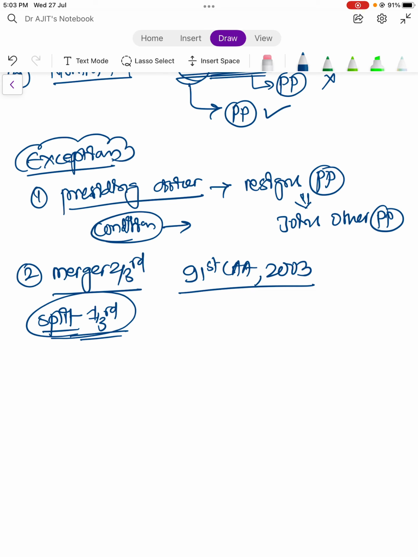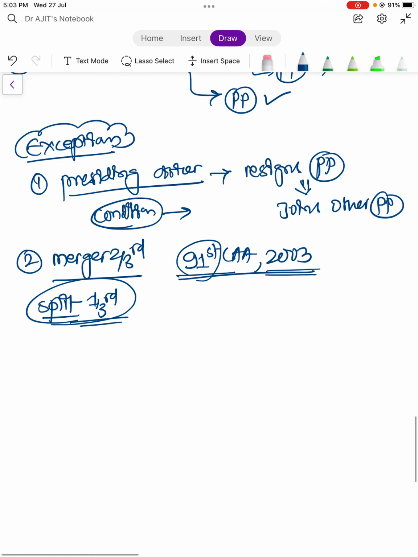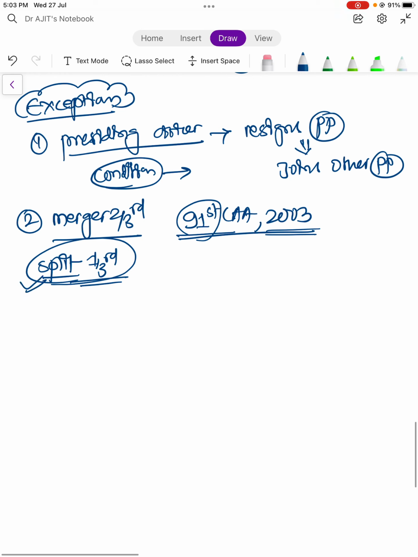But what happened with this 1/3 split condition? There used to be many defectors, there used to be many splits in political parties, and there was a lot of instability in the governments, right? So then the government came up with the 91st Constitutional Amendment Act and it removed this condition of split.